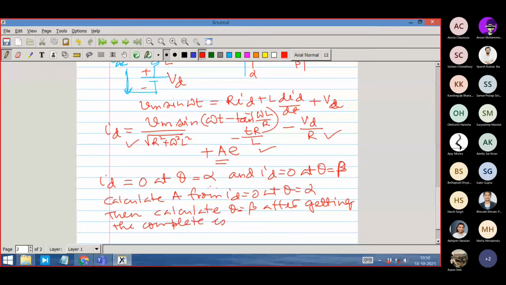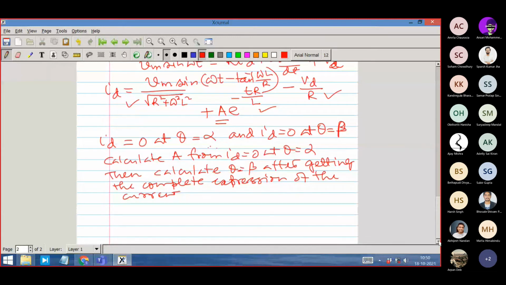So let me do it a little bit further. I'm just writing it. Hopefully you will understand. 0 is equal to first part Vm by modulus of Z. Modulus of Z is nothing but square root of r square plus omega square L square, sine of alpha minus phi.